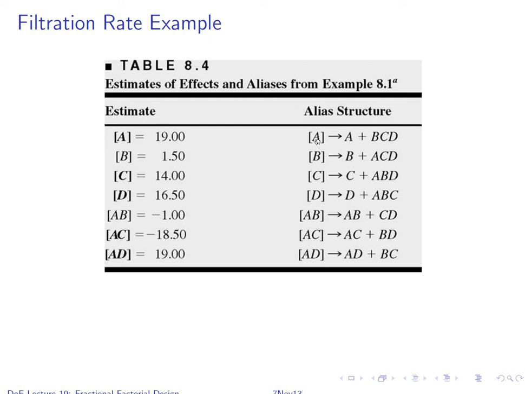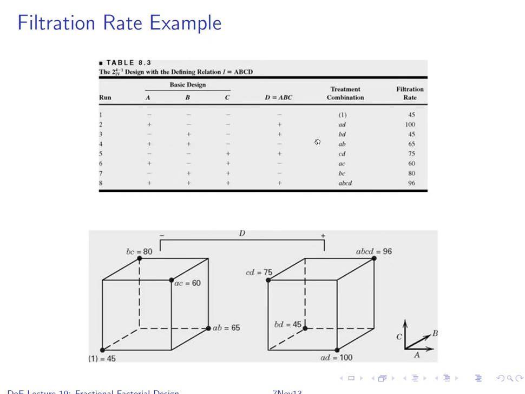By looking at the design matrix on the previous slide, you can determine the alias structure. So when you measure the main effect A, A is aliased with B, C, and D very quickly. Then you can see that A, where A is higher, in these runs, is aliased with B, C, D. So here's a case where they're high.